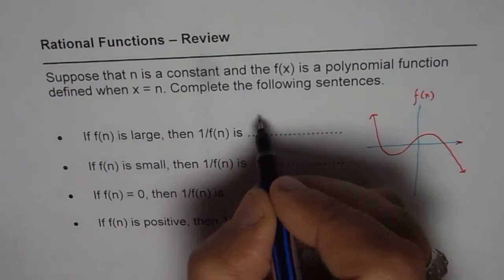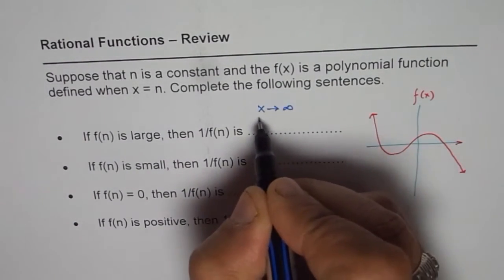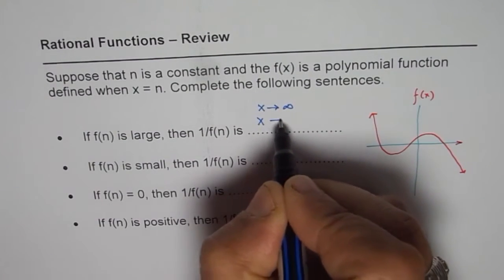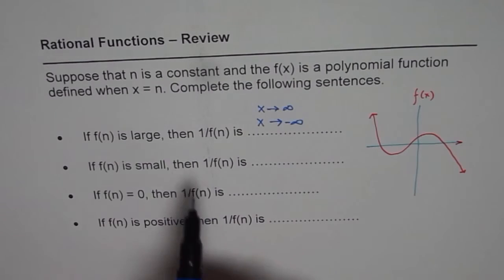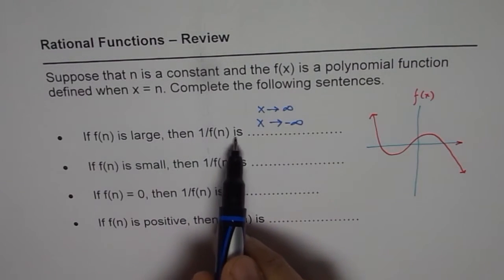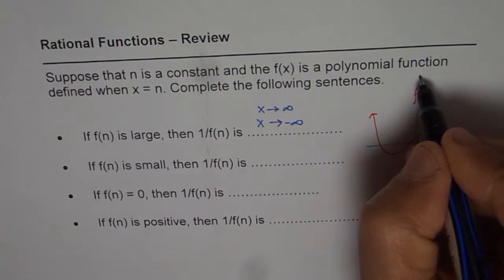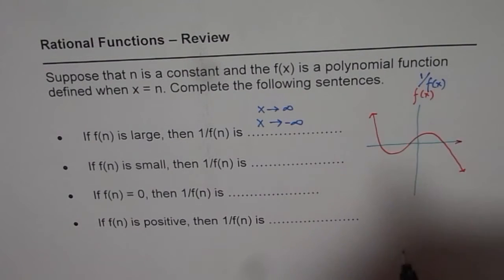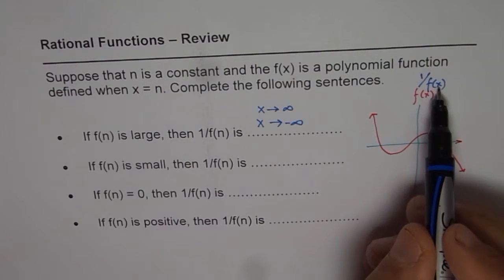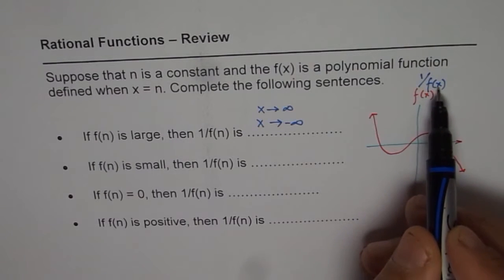So you can think of x approaching infinity or x approaching minus infinity, that is a very large number. Then 1 over f of n is what? So we are now considering the reciprocal of f of x, and we are saying when x is large, what is happening to the reciprocal of f of x?